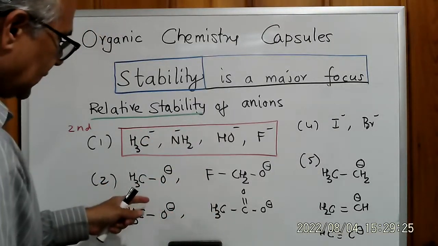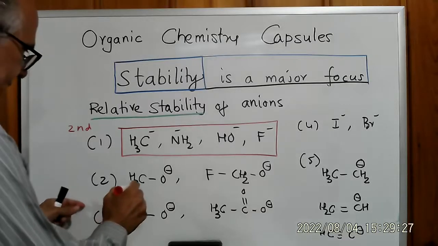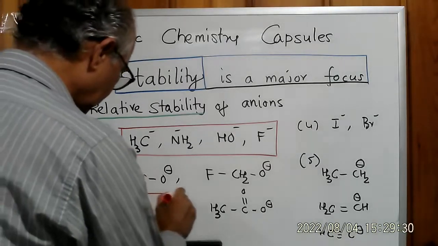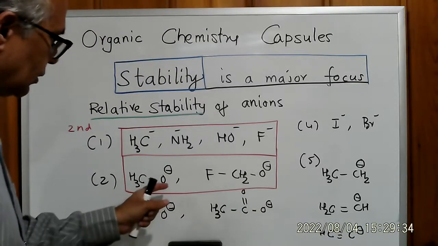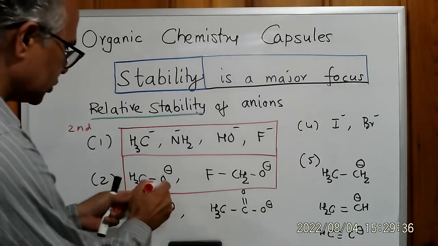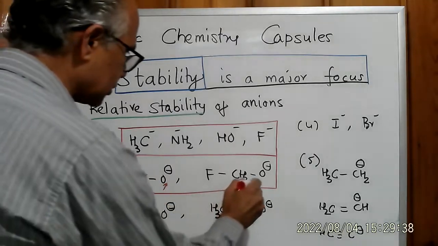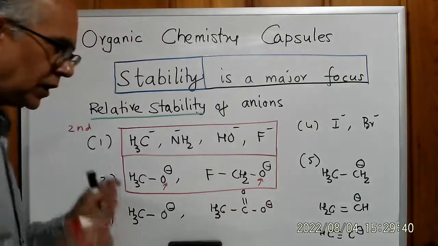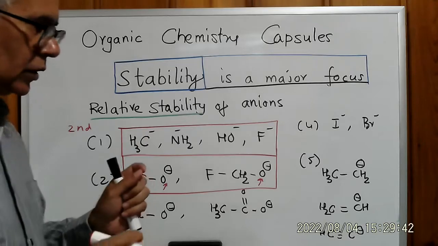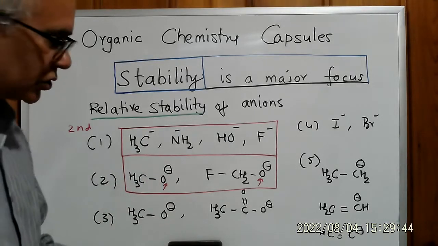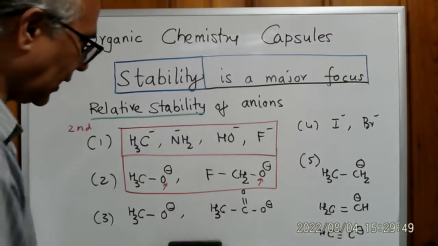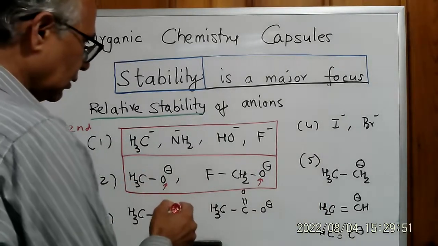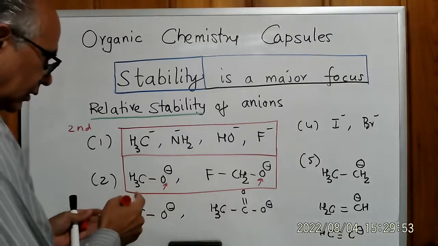And in the next series, the negative charge is on the same atom, oxygen and oxygen. So here we cannot use the electronegativity of oxygen because it doesn't really help us in any way, but we focus elsewhere.